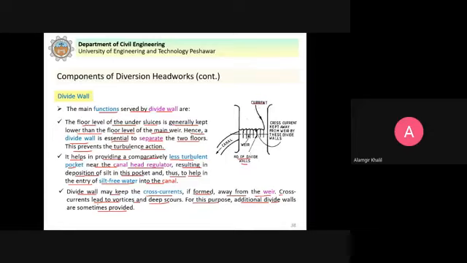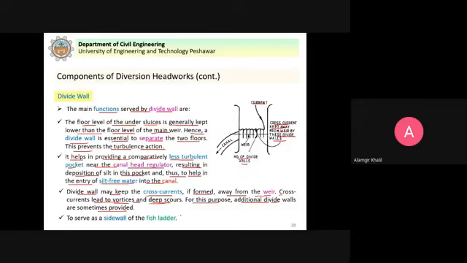Why? Because these cross currents lead to vortices and deep scours.